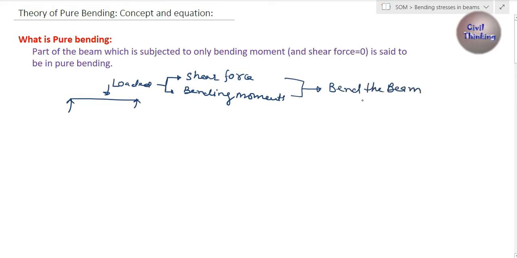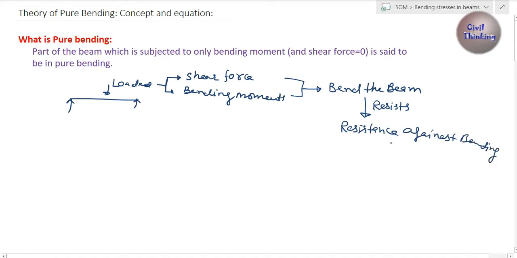All right? But the beam does not want to bend, it resists, right? So this resistance against bending causes stresses, and these stresses are of two types.